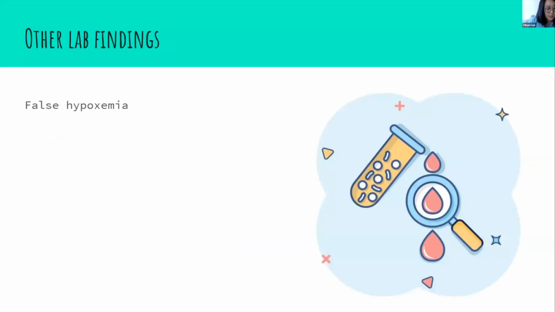So, other lab findings we'll see for patients with leukostasis. You can have false hypoxemia, meaning falsely exaggerated, more severe hypoxemia on your blood gas than the patient is actually having. The reason for this is that the abnormal cancer cells will use up more oxygen.